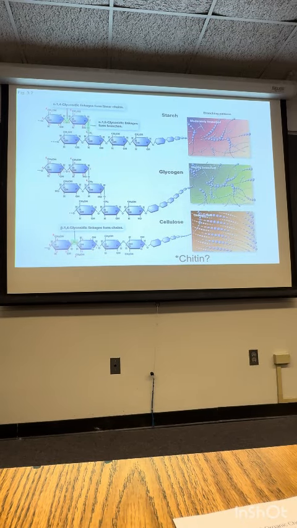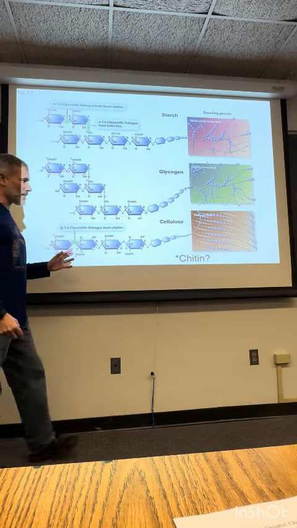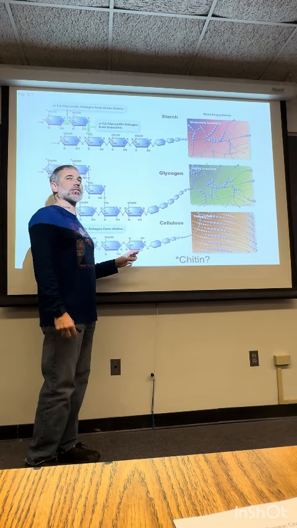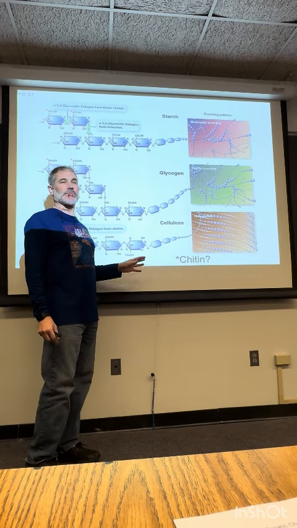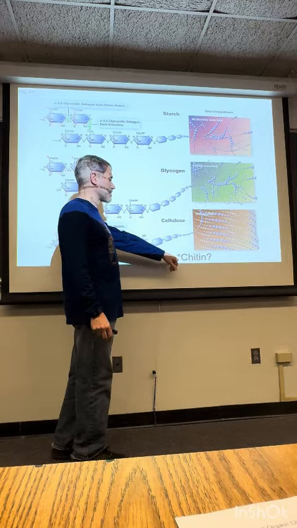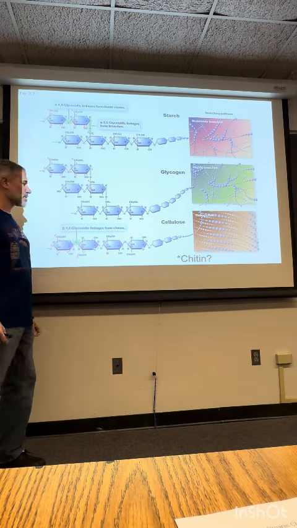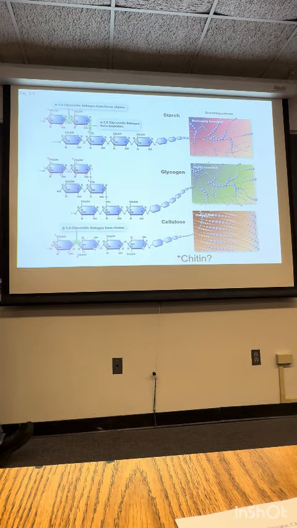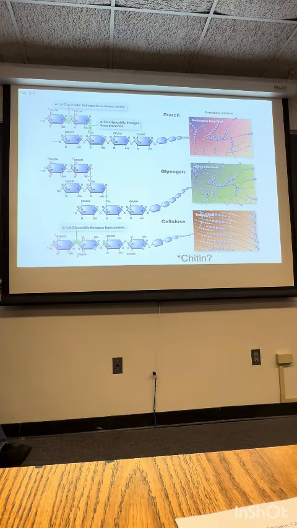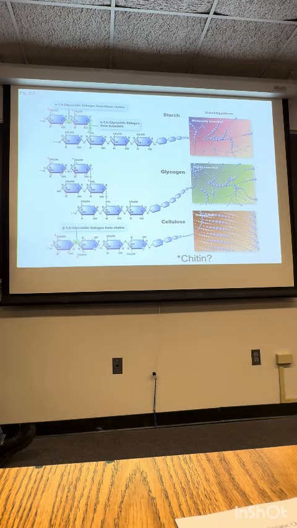Cellulose and chitin are similar in that they're both not digestible by most organisms. There are organisms that can digest chitin, but it's not common. Most things get what they want from insects without actually breaking down the exoskeleton. It just goes in and comes out, and they take what they want in between.